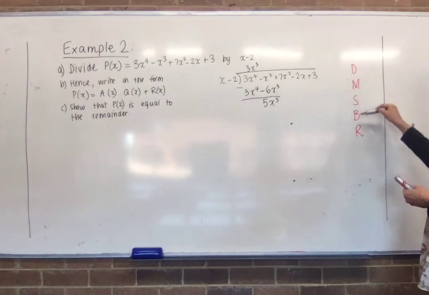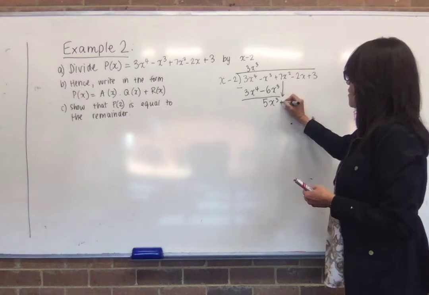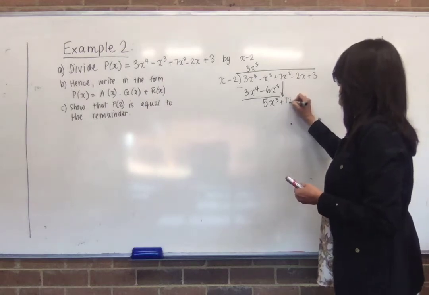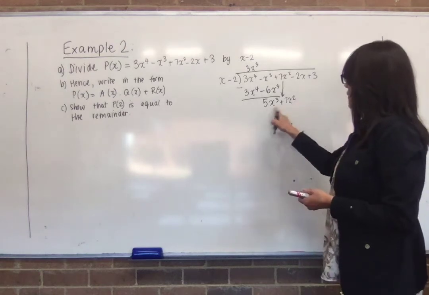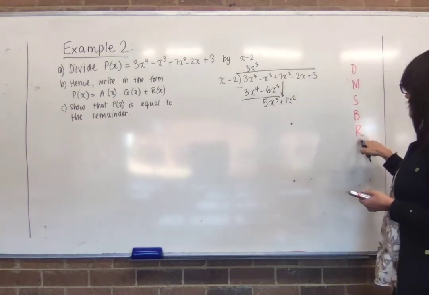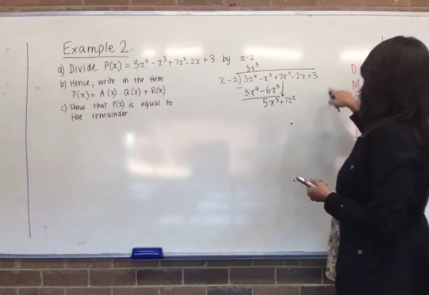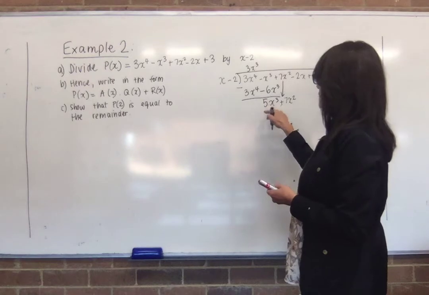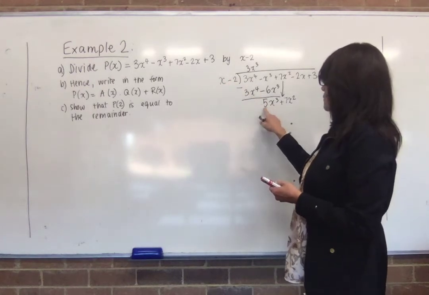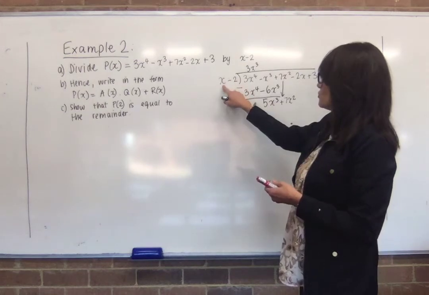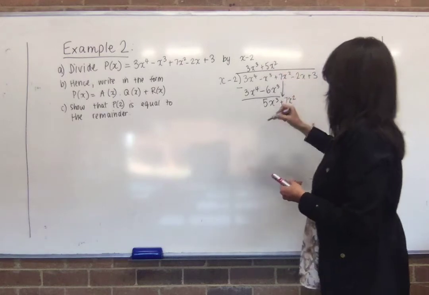So we've subtracted, then B is bring down. Bring down the next term from our polynomial at the top, which in this case is 7x squared. Now we've brought down that term. R stands for repeat, so we repeat the process and start again by dividing. 5x cubed divided by x would be 5x squared.